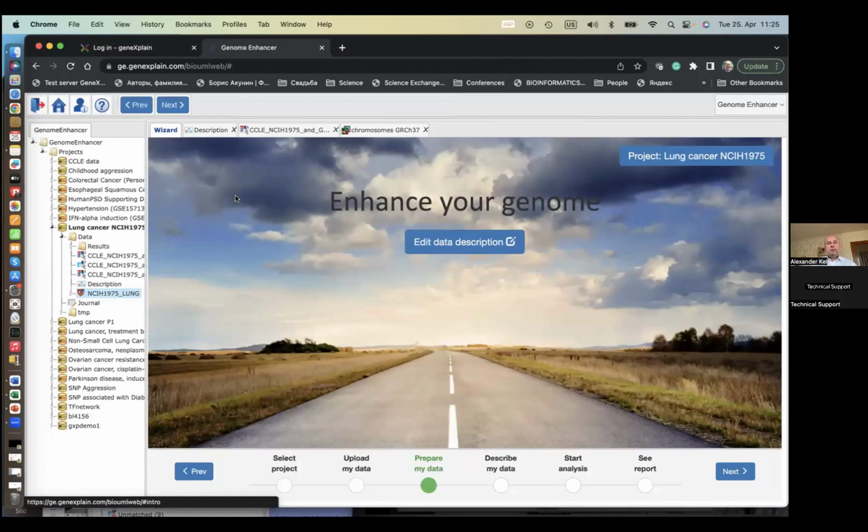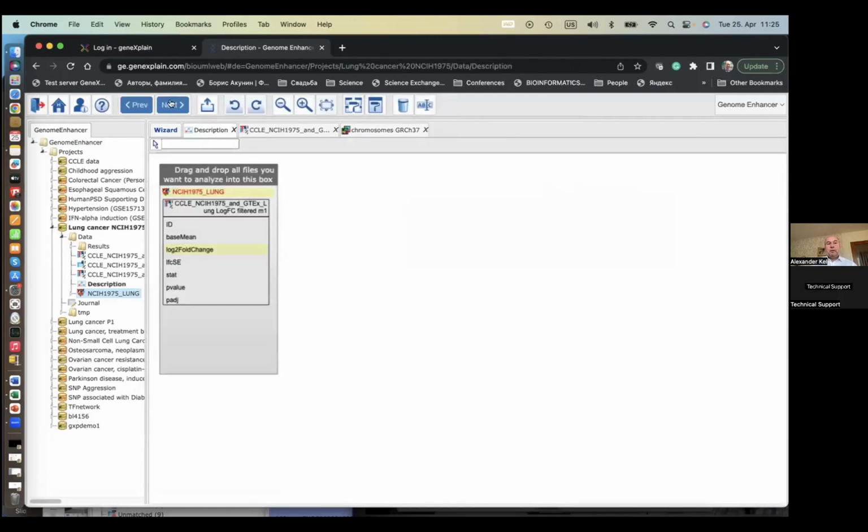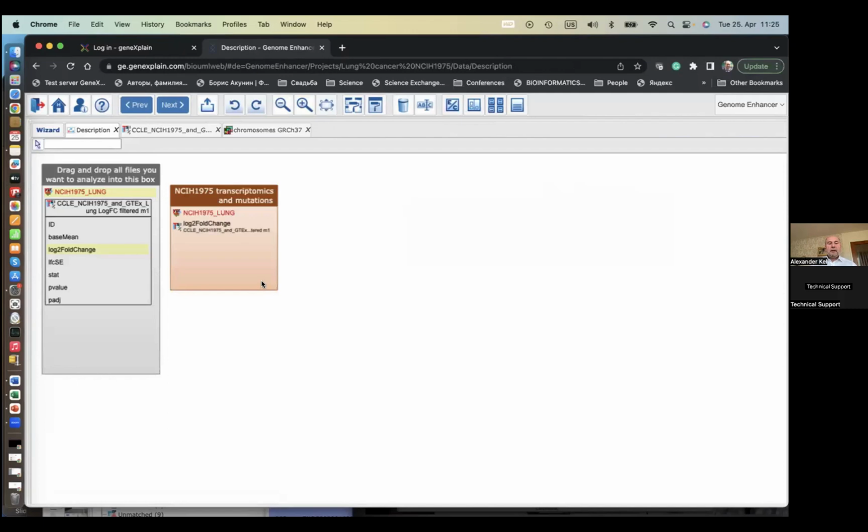Okay, but what we'll do next, we go next, and now we form our run. For the system, we take the mutation data, and we take the log fold change from that table of transcriptomics data, so that the system knows which column from the table to use to take upregulated and downregulated genes.